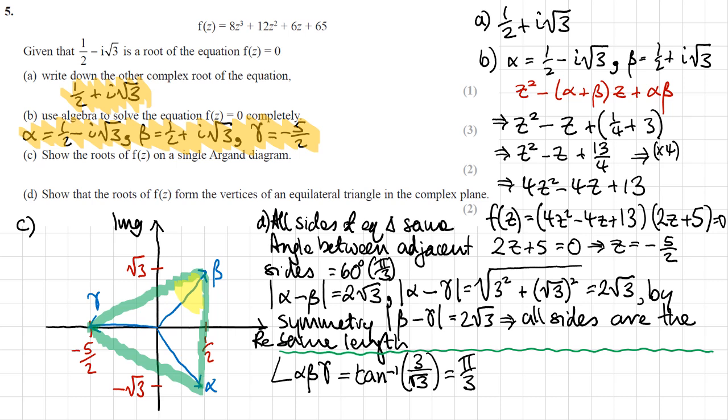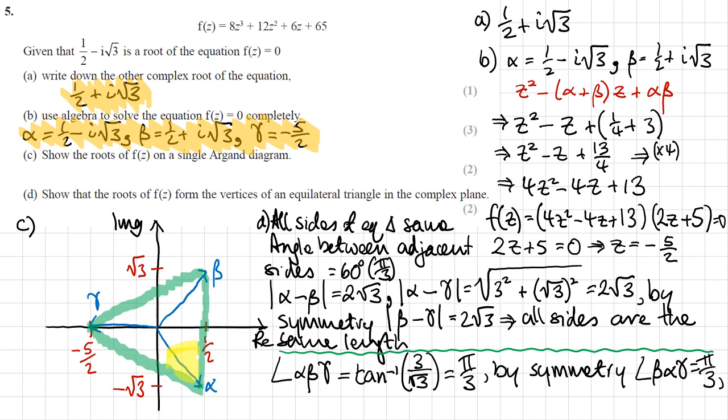Right, now by symmetry again, there is another angle that's the same. So by symmetry, this angle down here, beta alpha gamma, is the same. So write that down. By symmetry, angle beta alpha gamma is also equal to pi over 3.